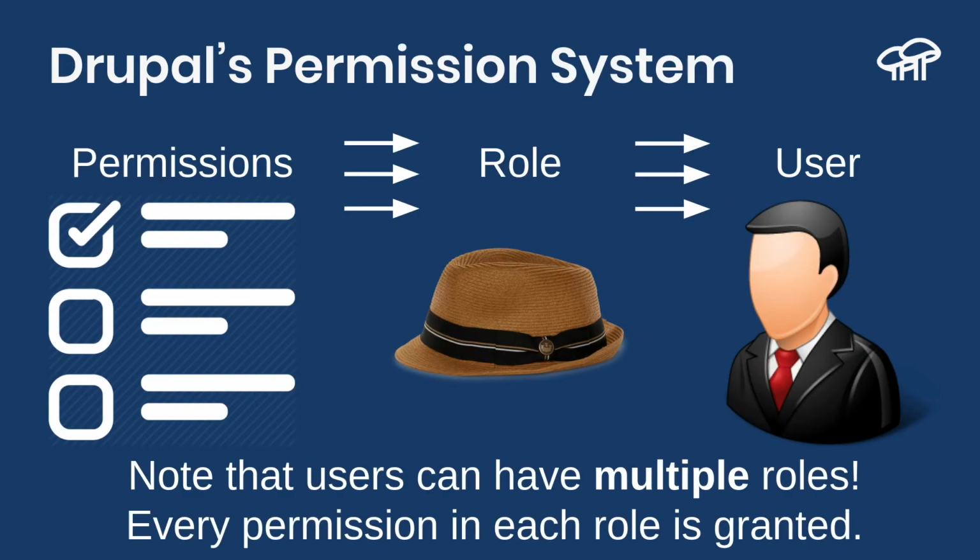And how do these things relate to each other? If I have Mike and I want to give Mike permissions to write articles on my website, the way that you do it is that you create a user for Mike, you create a role, let's say the role editor, and you assign permissions to create content to that role.